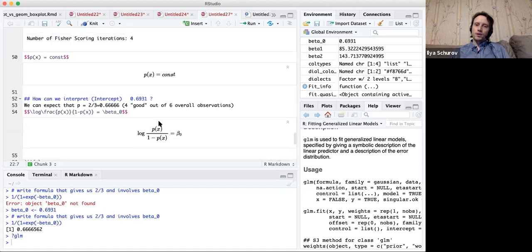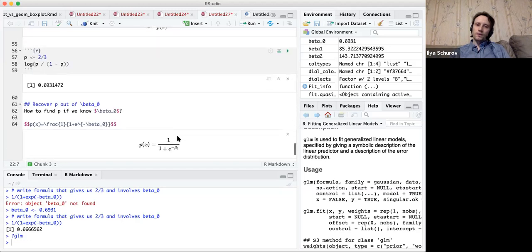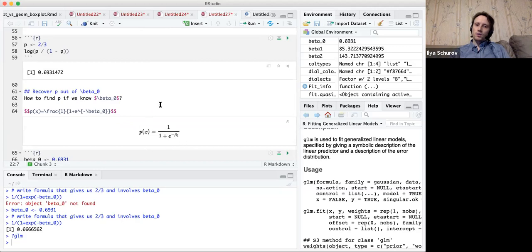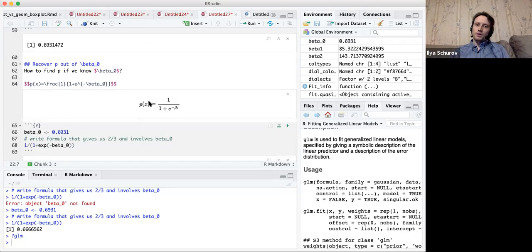So to say that we have a model with fixed probability, probability that does not depend on x, is the same as to say that we have only intercept. This is an intercept only model. Actually, we can look at this formula, which is equivalent to this formula, and see that this says that p of x equals a constant, and this constant is this number. For fixed beta naught, this is just a constant.